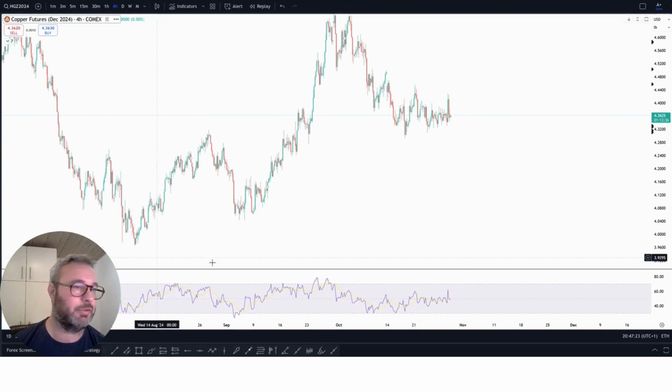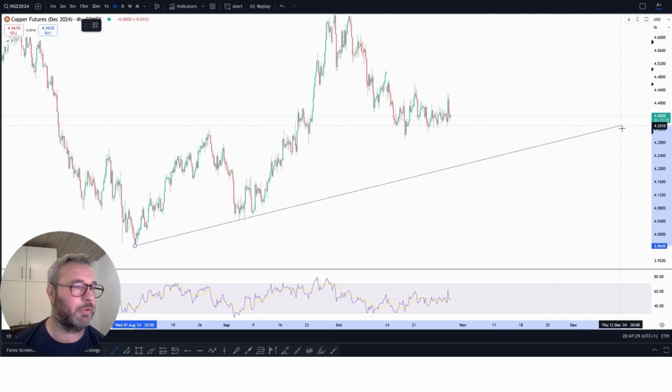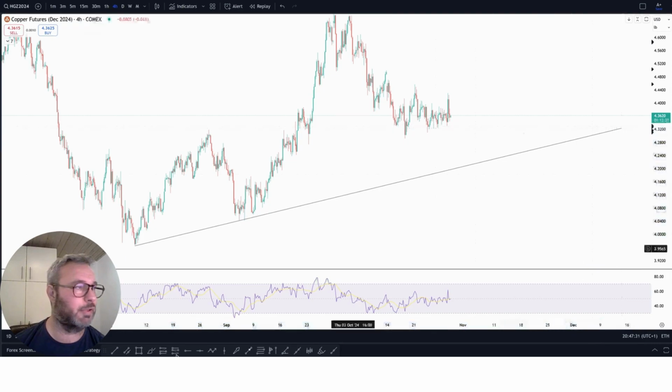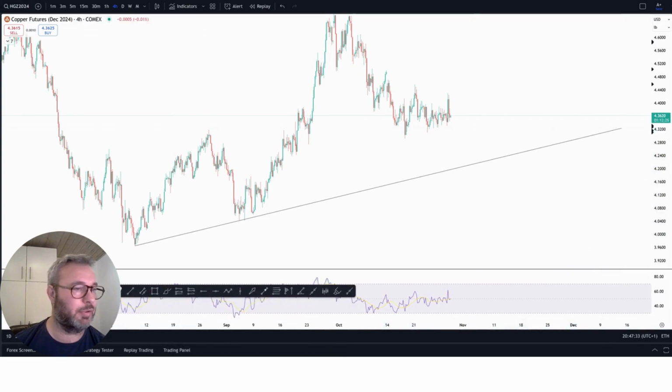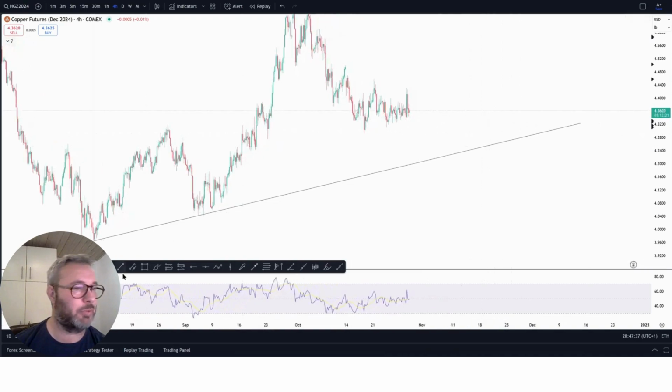Down here. This one I want here. Price might not go down to it this week, but I like to be prepared for it. Here you also have a fairly good trend line.